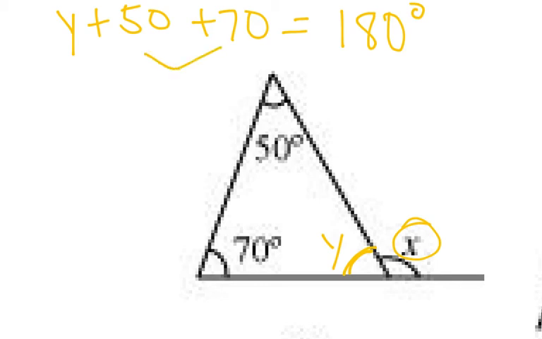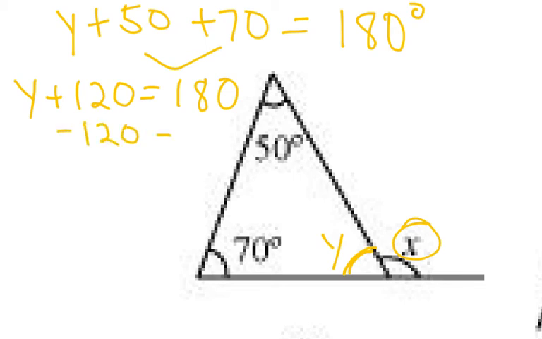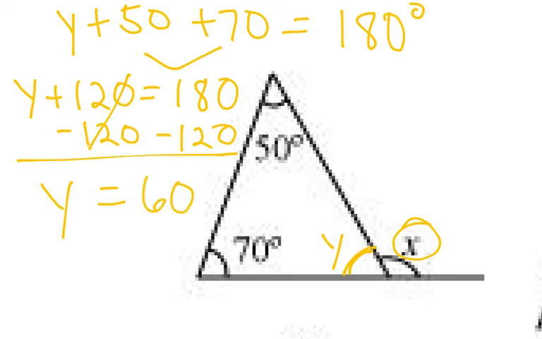We can combine 50 and 70 and get y plus 120 equals 180. Subtract 120 from both sides. Again, we have a good old-fashioned algebra problem. And we get y equals 60 degrees.